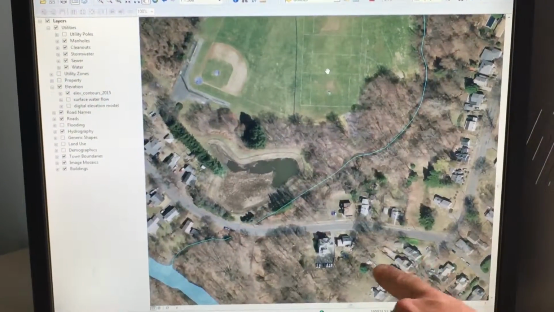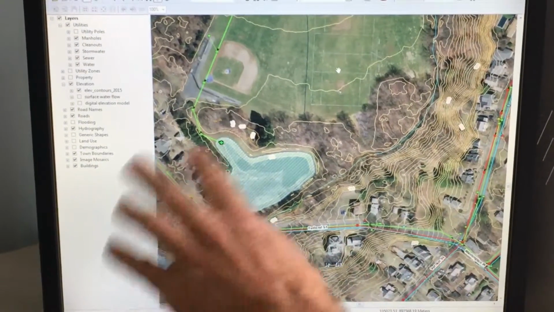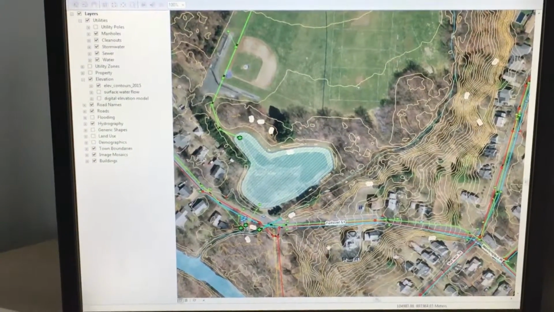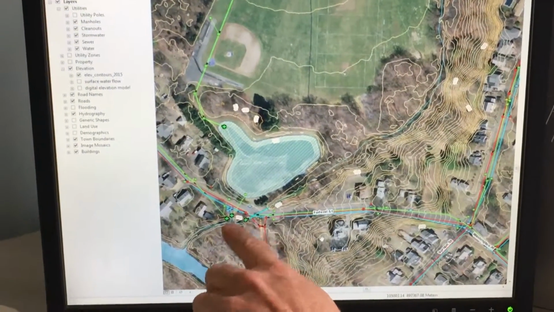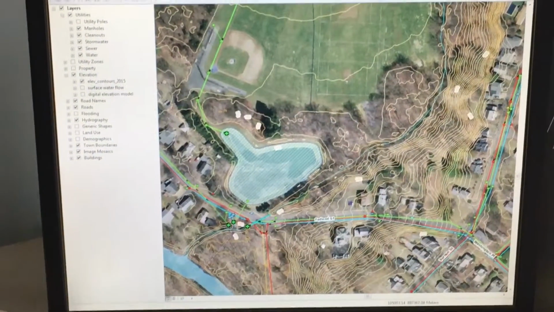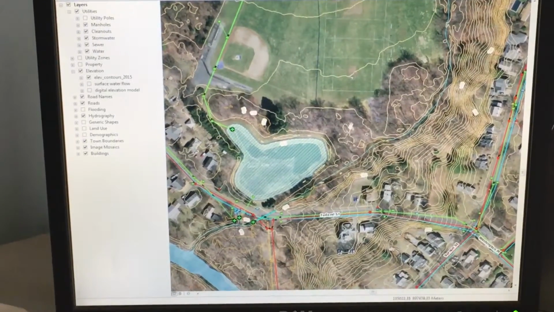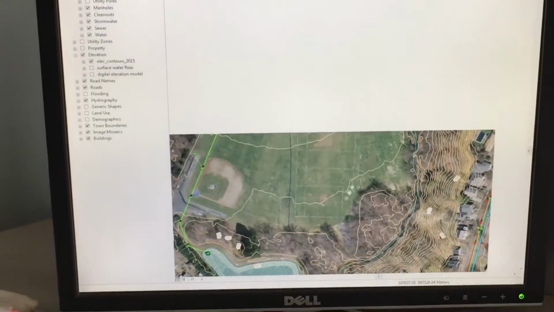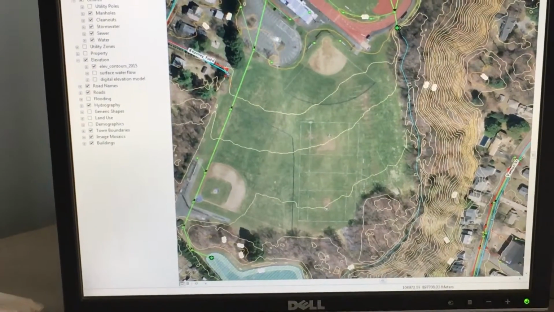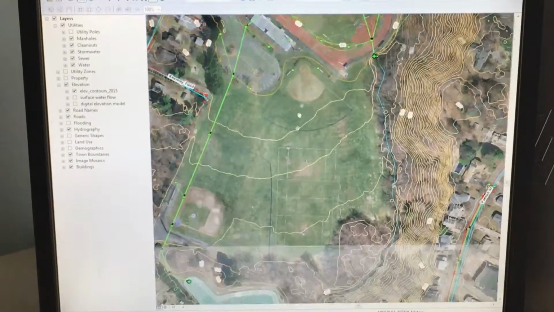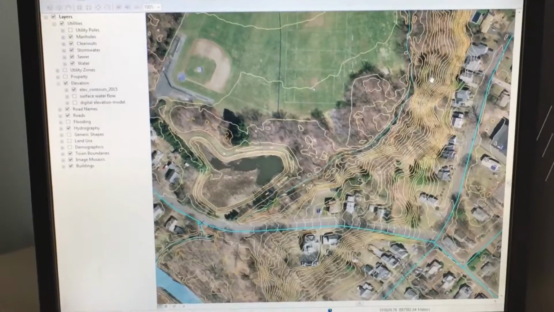You can see the sewer system is all around and also in different places. But all these little pluses are where the stormwater system comes out. Yes.